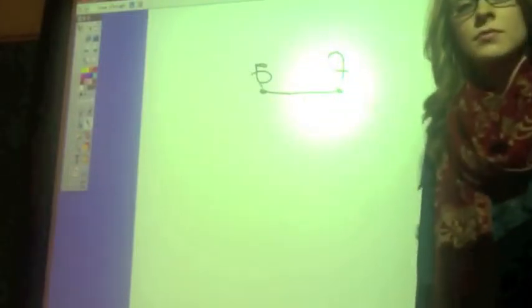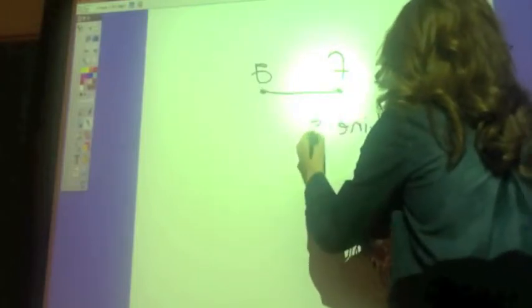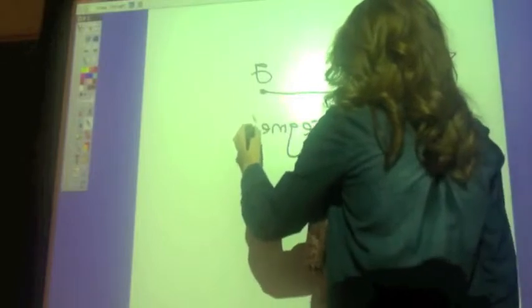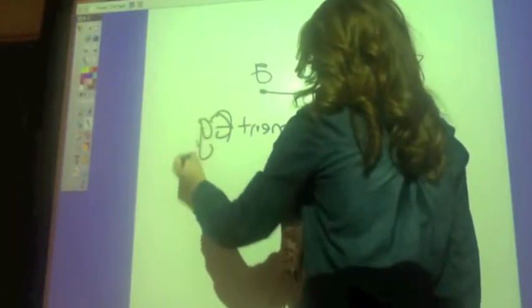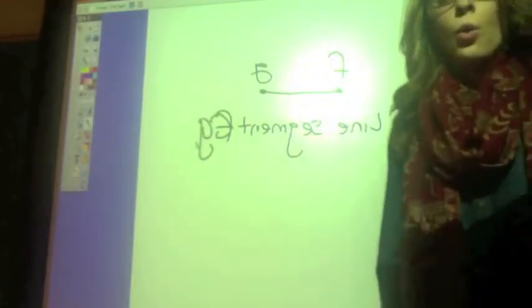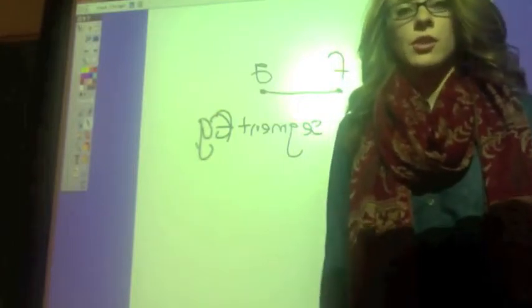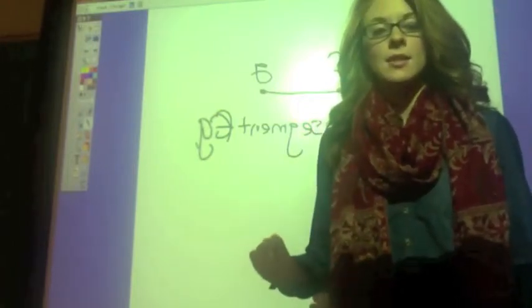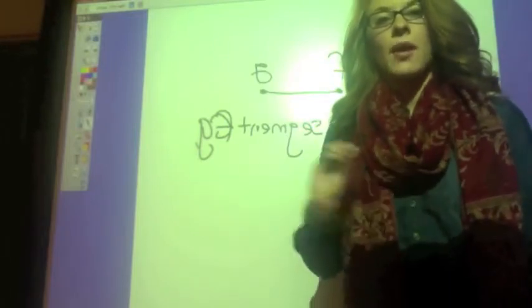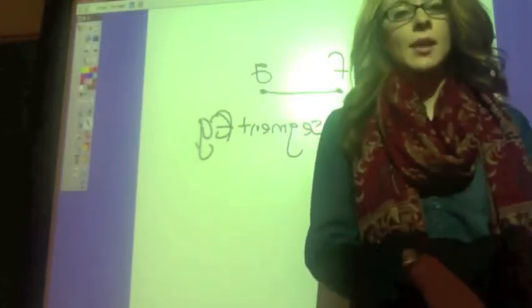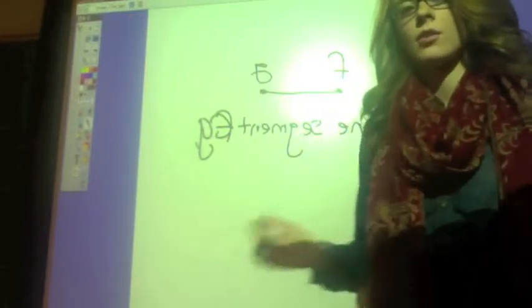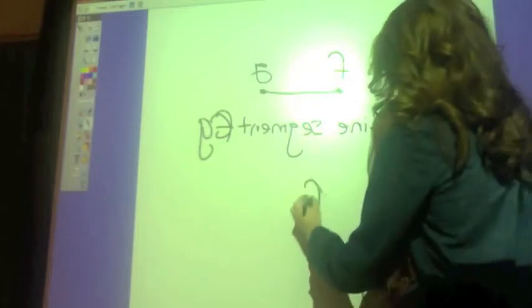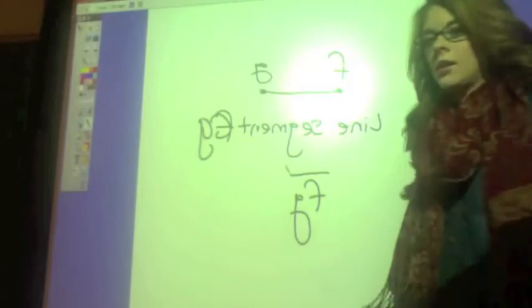F and G. So we can write line segment FG, or we can use our other notation like we did with line, where we write the 2 points that the segment is connected between, so F and G, and then we put the symbol of a segment over it, which would just be a line with no arrows because it doesn't extend forever in those 2 directions. Segment FG.